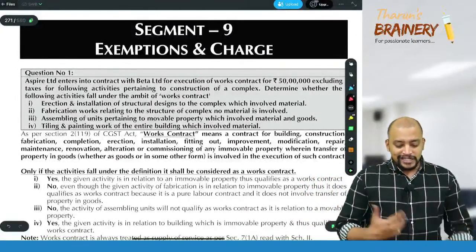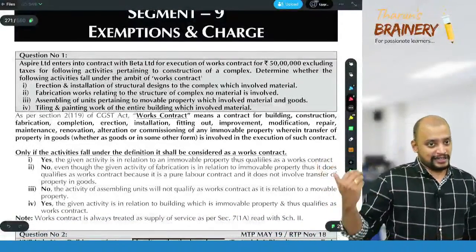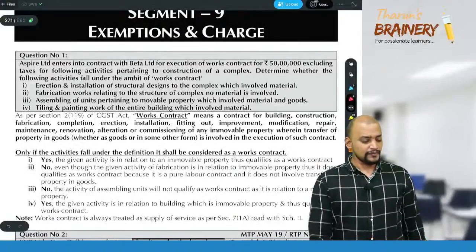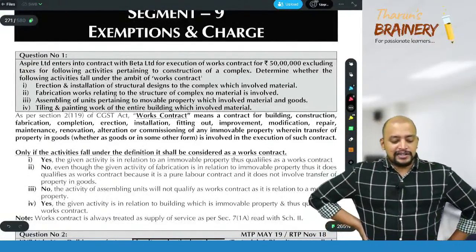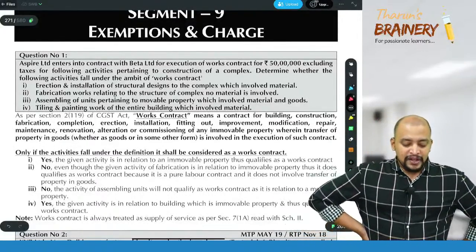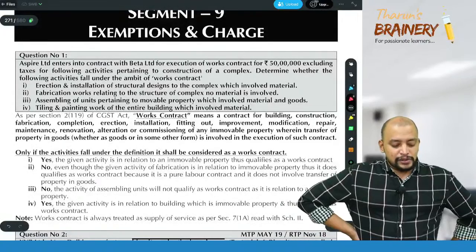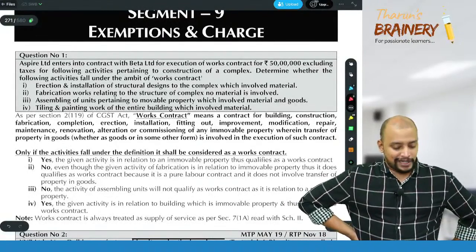Now how the questions will be, after seeing the questions you will understand the application of exemptions. Look into this question number 1. Asper Limited enters into contract with Beta Limited for execution of works contract for rupees 50 lakhs, excluding taxes, for following activities pertaining to construction of a complex.